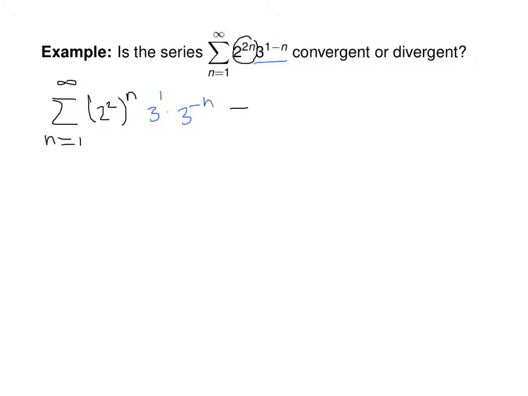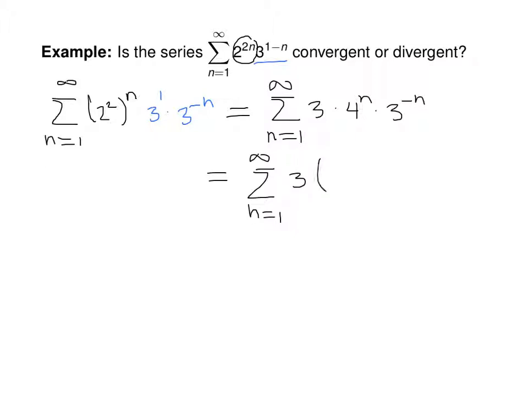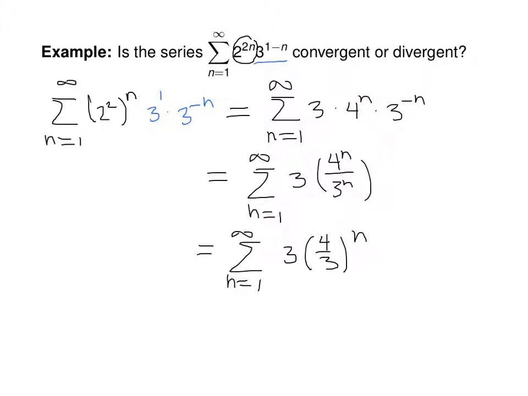So this is the same thing as the sum from n equals 1 to infinity of 3 times 4 to the n times 3 to the negative n, or 3 times 4 to the n over 3 to the n, which is the sum from n equals 1 to infinity of 3 times 4/3 to the n.